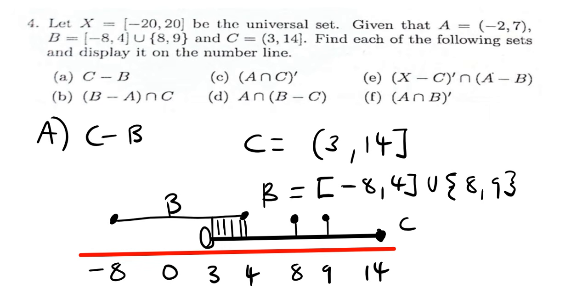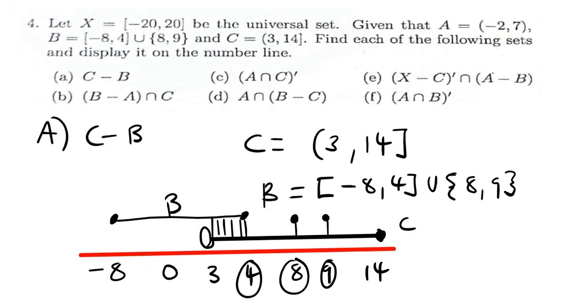So what now remains is what we are going to write. We've remained from 4 to 8, then we've removed 8 and 9. The other part that has remained is from 9 to 14, and that is our solution.